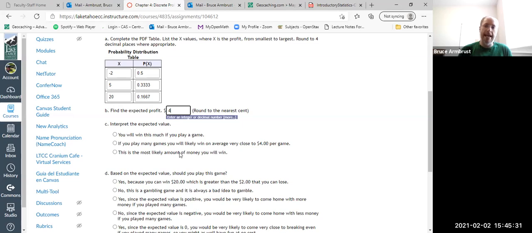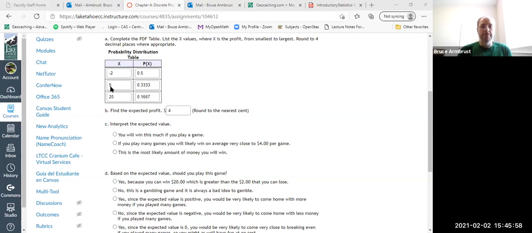That if you play a game, you're going to win $4? And that's a pretty easy no, right? You're not going to win $4 ever. Okay, so it says if you play many games, you will likely win on average very close to $4 per game.